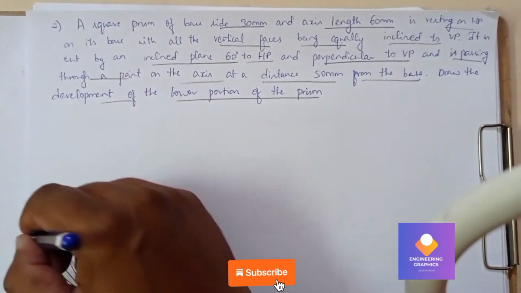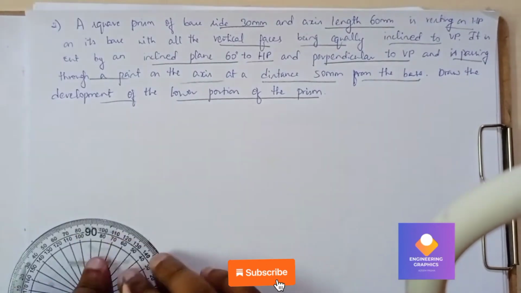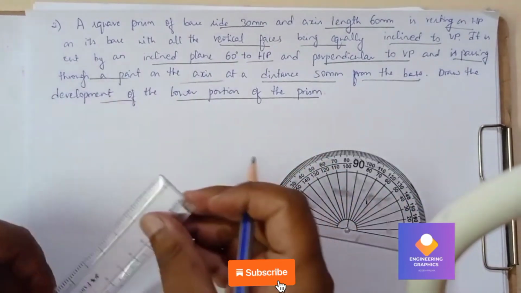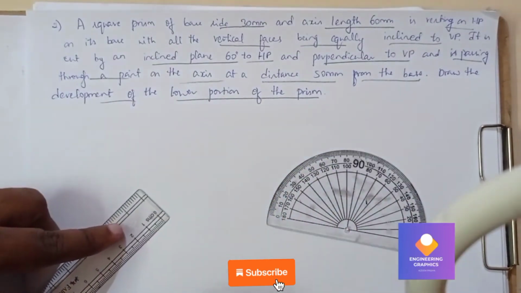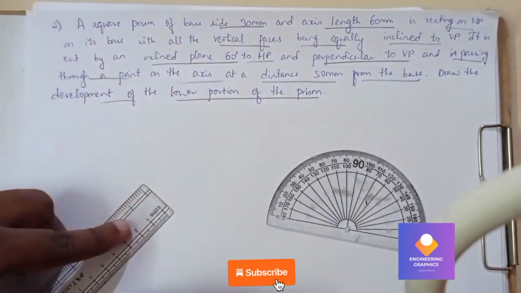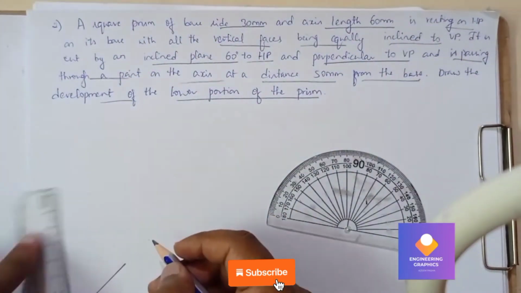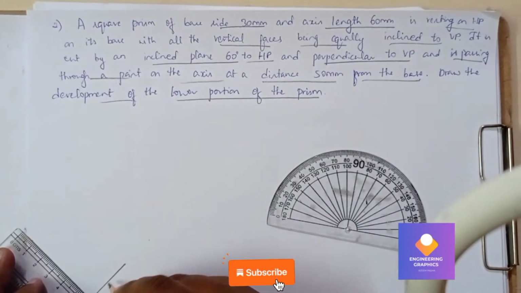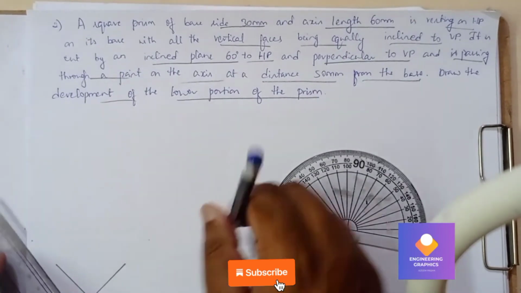So first I have taken a reference point, then I have put the protractor and marked 45 degrees. Now I am drawing a line of length 30 mm passing through that point. From this end also you can draw.